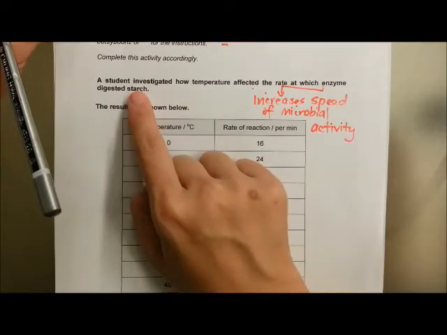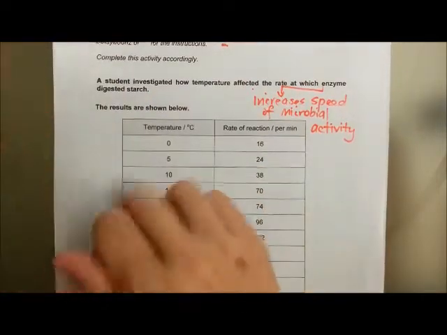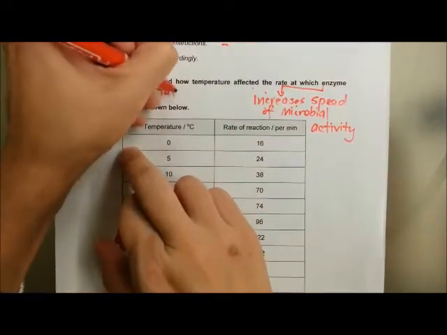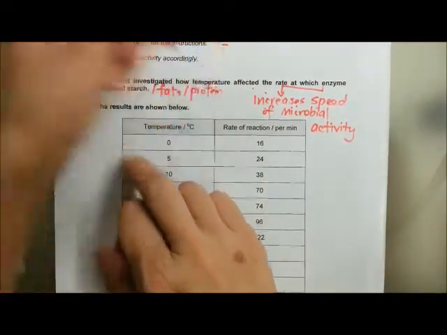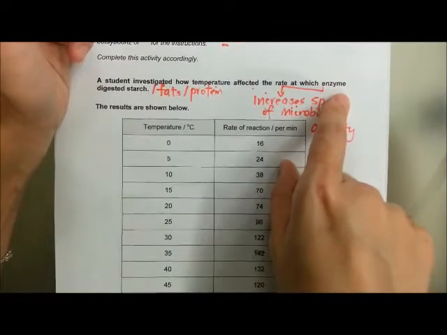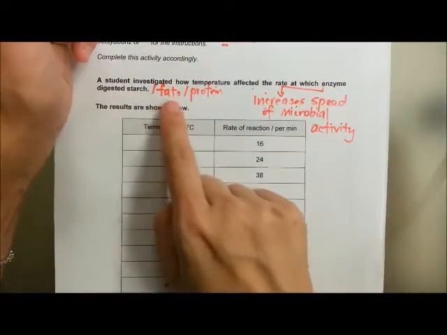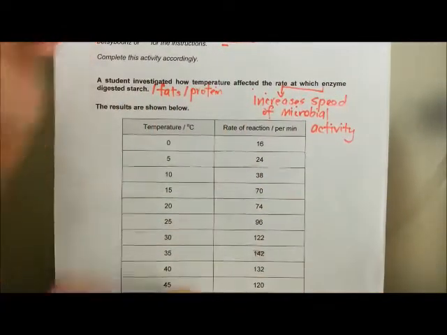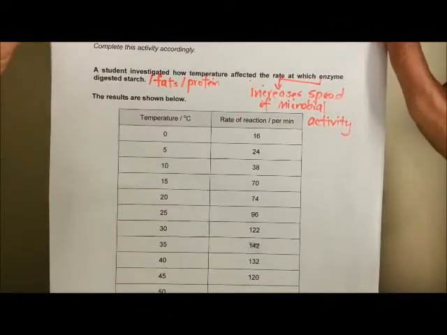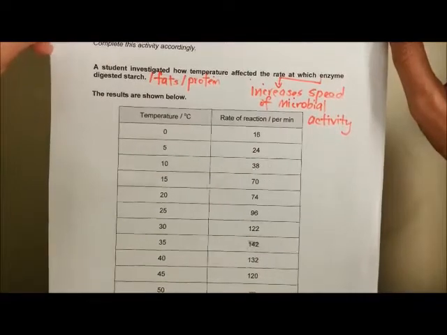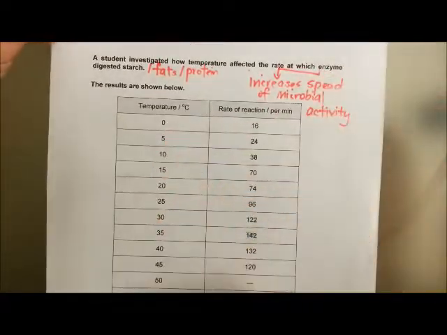It can be starch, fats, or proteins. An enzyme helps the microbes break down starch, fats, or protein at a faster rate. Here are the results of the rate of reaction versus the temperature.